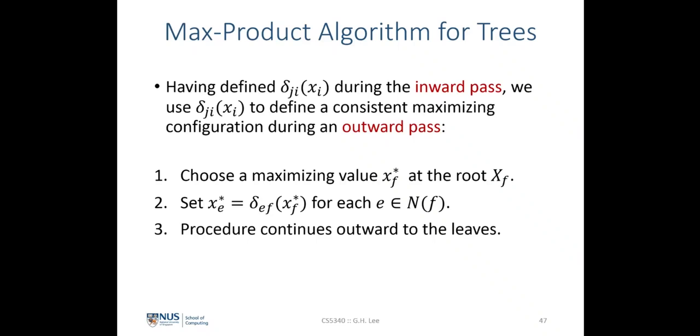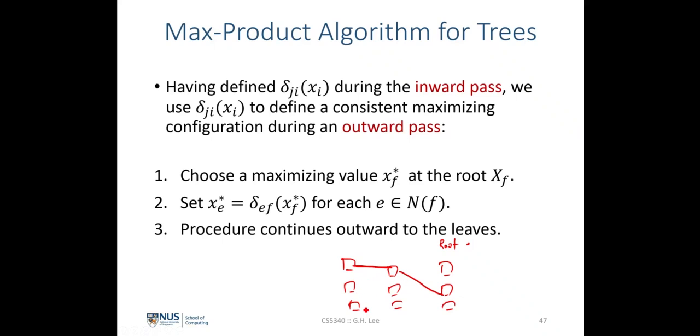But before that, having defined this delta_{ji} during the inward pass, we'll be able to make use of this, because in the trellis diagram that I have seen earlier, in the inward pass, suppose this is my root node. In the inward pass, I will trace every one of these configurations when I get from the leaf nodes to the root node.